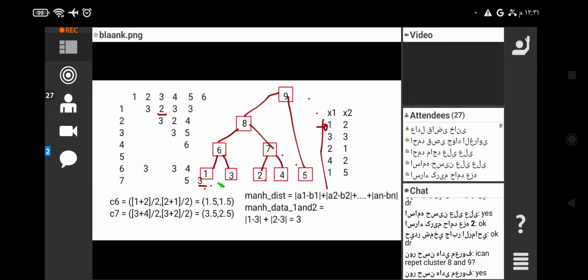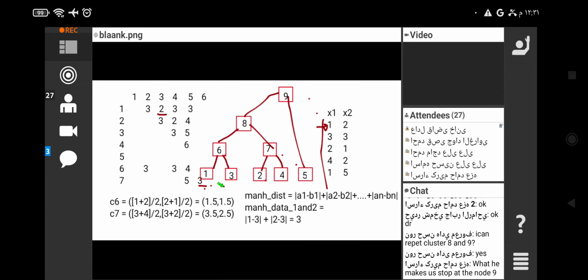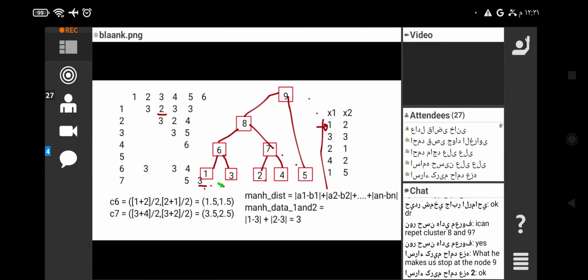In this situation, we have to combine them because we don't have any other option. So we combine cluster 5 and 8 into cluster 9. In cluster 9, we have all of the data, and we don't have any clusters left. So we finish.